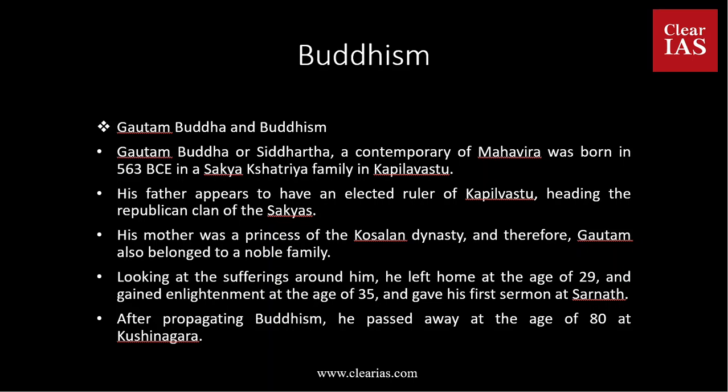So all of these luminaries had to spend some time in a lot of thinking, a lot of meditation, in order to have a better insight on life and societies. After propagating Buddhism, he passed away at the age of around 80 at Kushinagar, Nagara, which is now in present day UP.